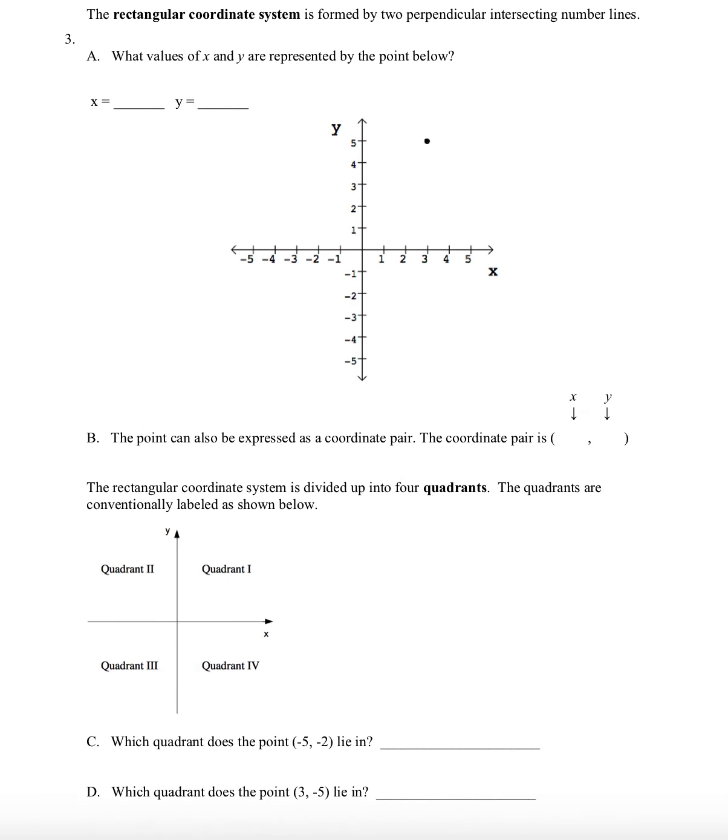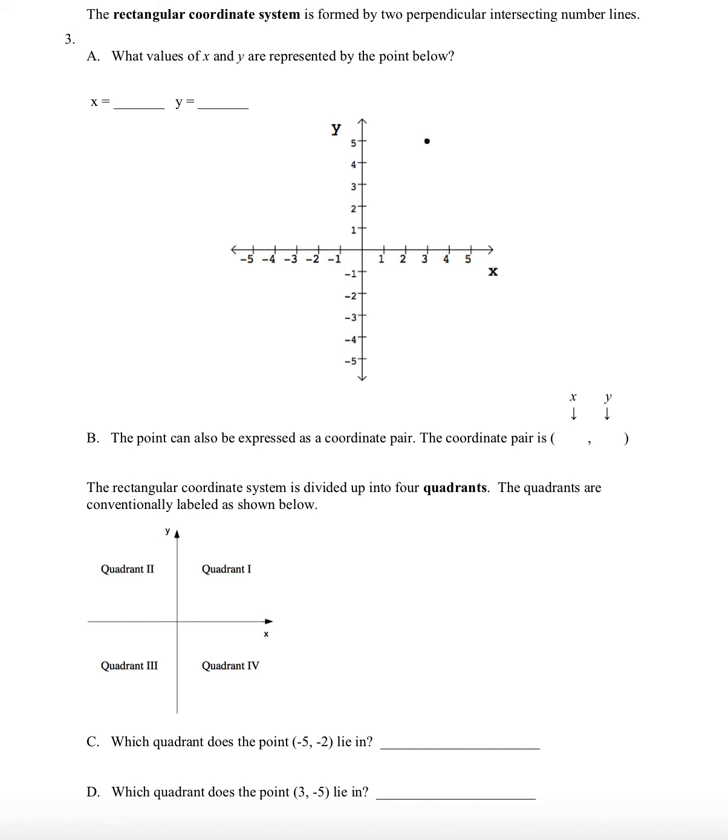This brings us to the rectangular coordinate system, which is formed by two perpendicular intersecting number lines, x and y. Take a look at the point below. What values of x and y are represented by this point?